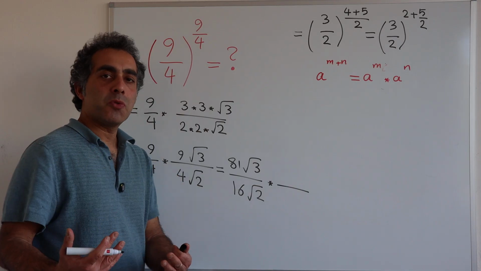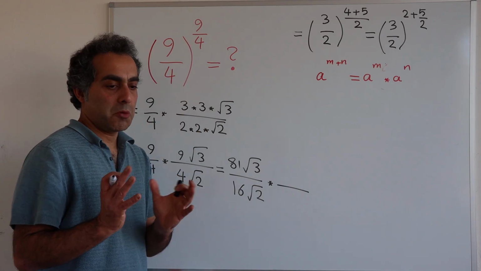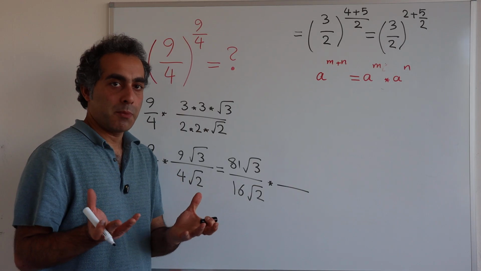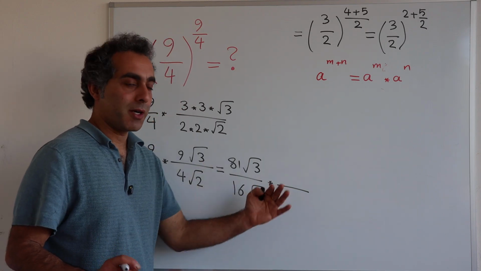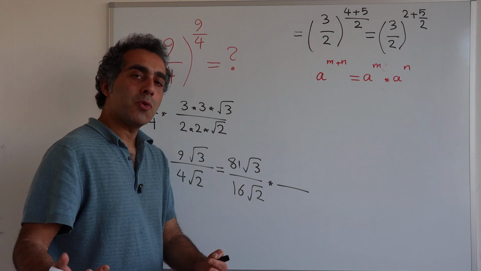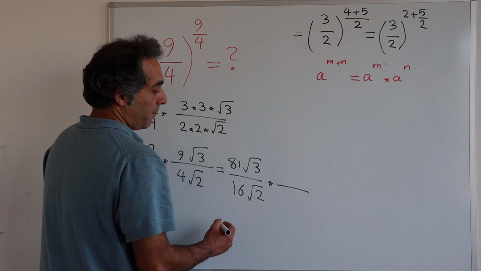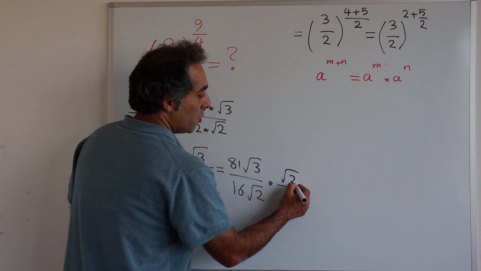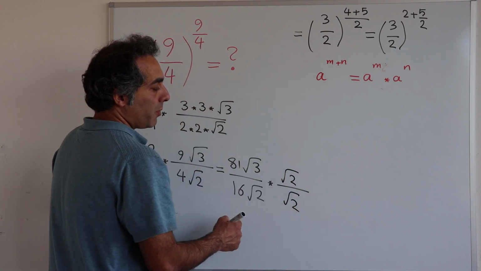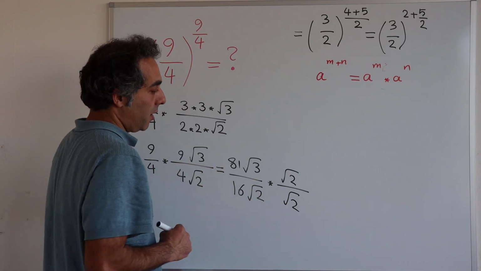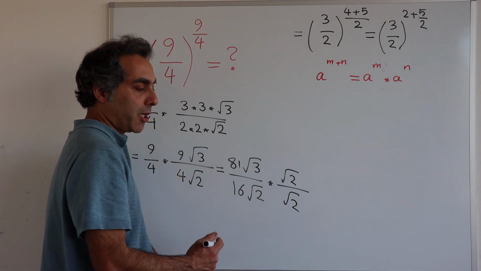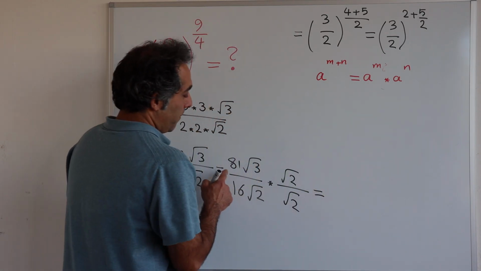So it's better to get rid of that. You don't have to go further, but we are going to simplify this fraction. So it's better to multiply by the square root of what you have in the denominator.